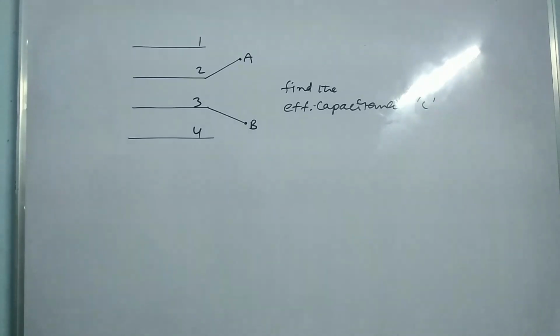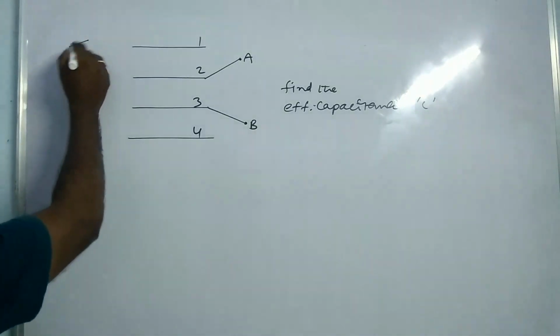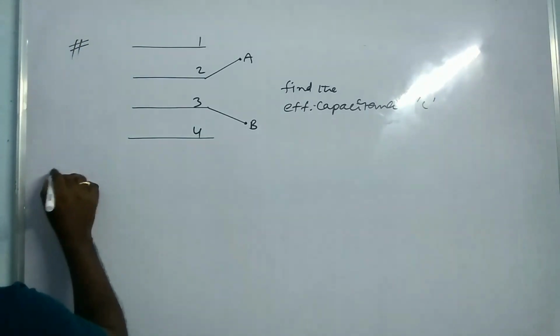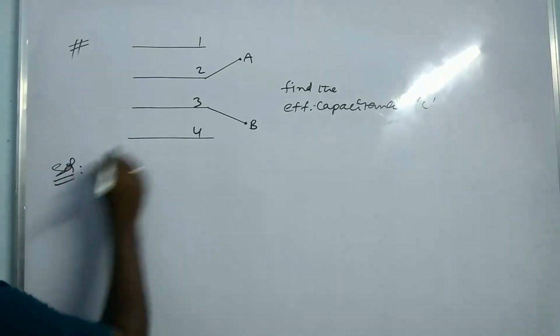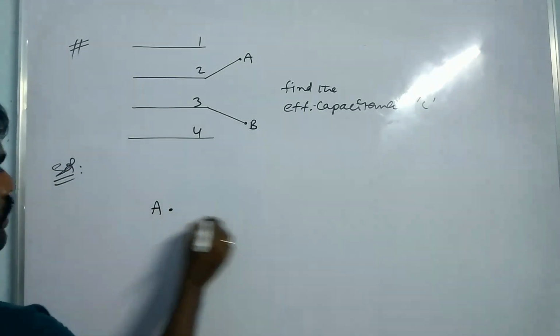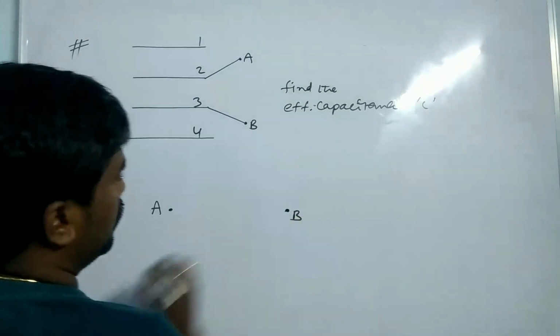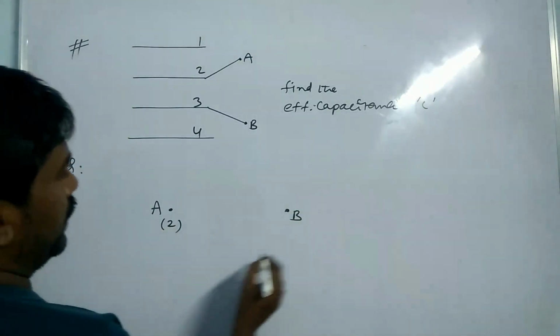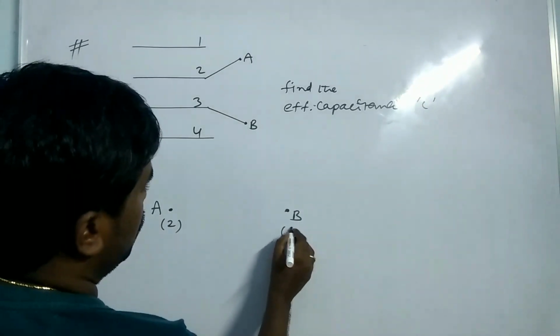Okay? Right. So here this is the variety model which you have not seen before. Similarly, at first you have to choose the point A and the point B. So the point A is connected at the second plate, the point B is connected at the third plate.